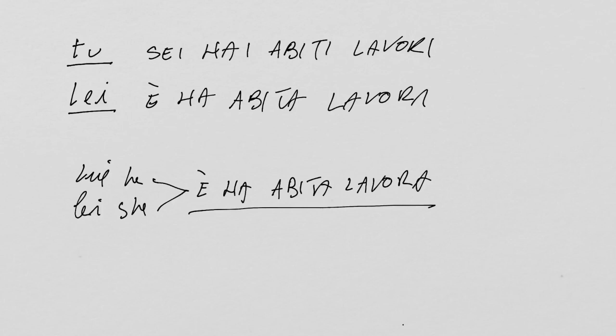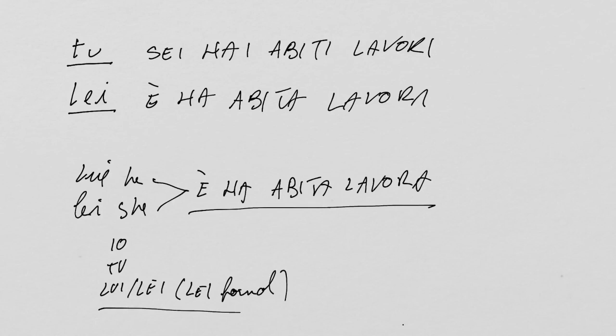So when you conjugate a verb, io, tu, lui, lei, you can now add another subject, that is lei formal, that uses the same form of the verb.